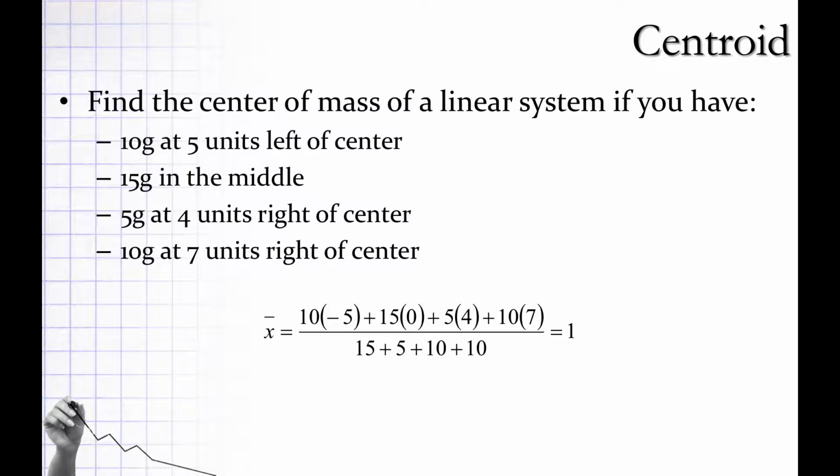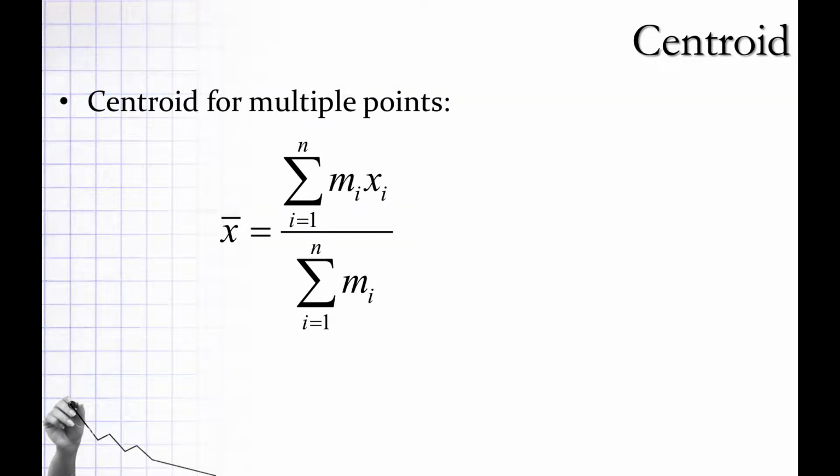Okay, let's talk about if we have x's and y's. Anytime we have multiple points, we're taking the sum of mass times distance over the sum of mass. Does everybody understand that notation? The sum of mass times distance over the sum of mass.